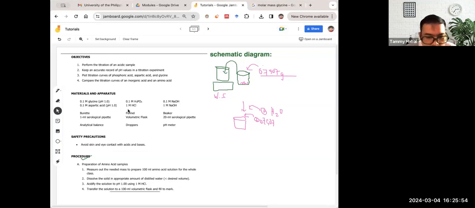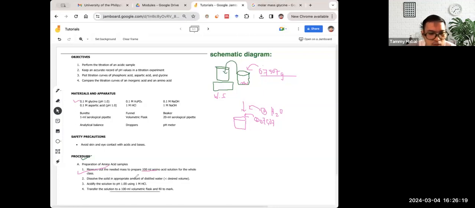So later you'll do it on your own. Okay, so we're done with step 1. 100 ml lang naman kailangan mo. Actually, no, not yet. We're just in number 1. We just want to focus here.